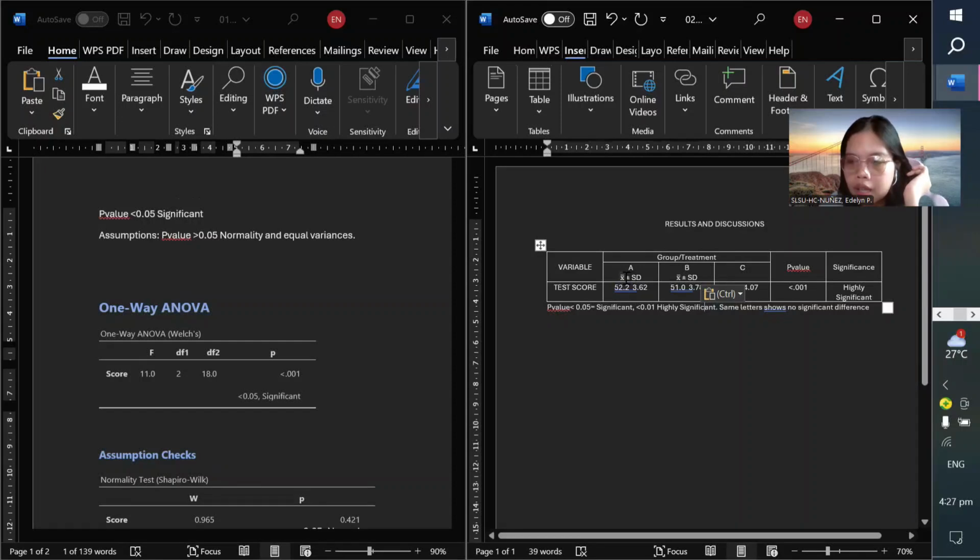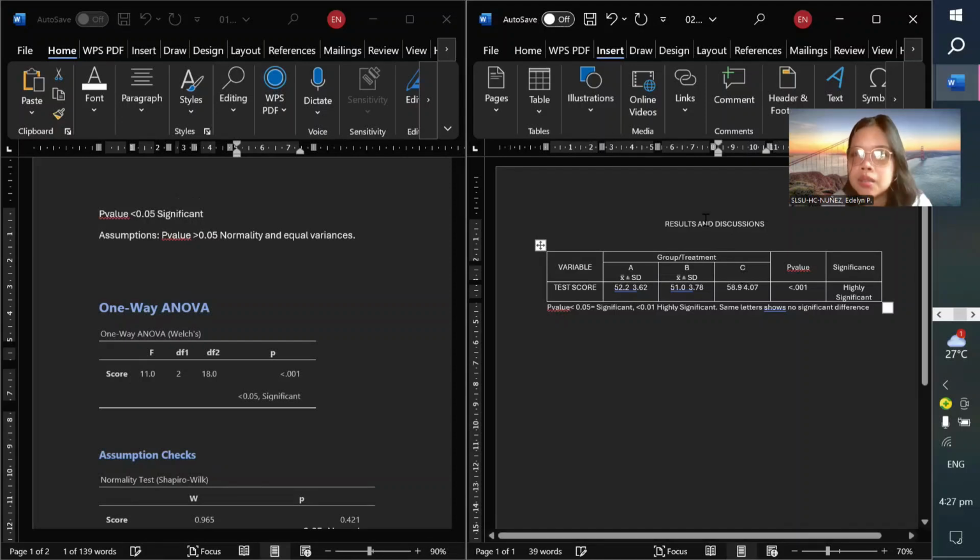Here we have the X bar, that is the sample mean, plus and minus the SD, because SD in the normal distribution is what we use that is plus and minus from the mean. So here, how do we do this one? I will just tell you in here in the group.